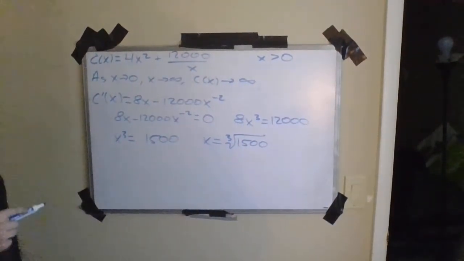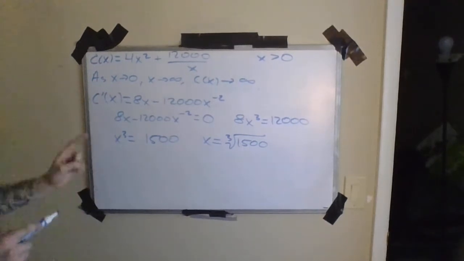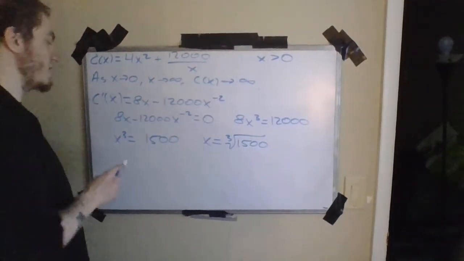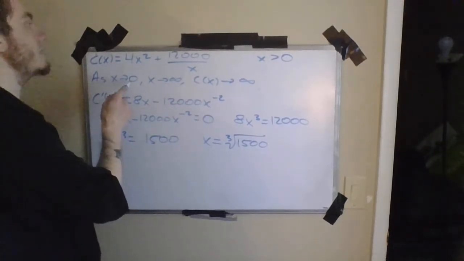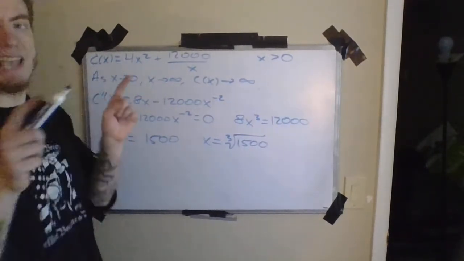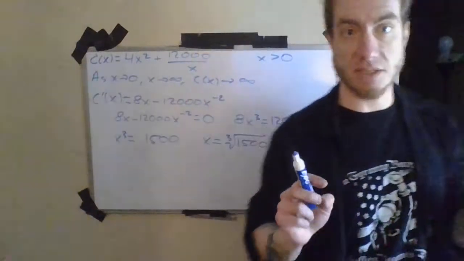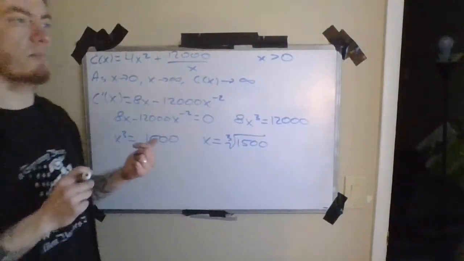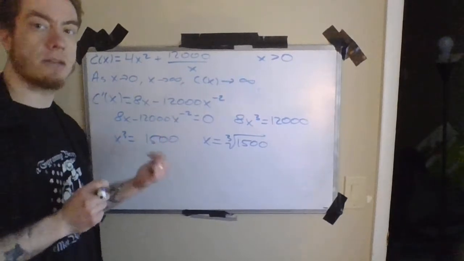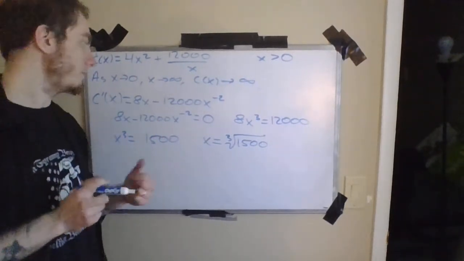And at this point, we take this and we say, well, this has to be a minimum because it is the only critical point, and on both ends of the domain, on both ends of this interval, the cost goes up to infinity. So just like in the previous examples with the distance, I can argue that this really is a minimum.